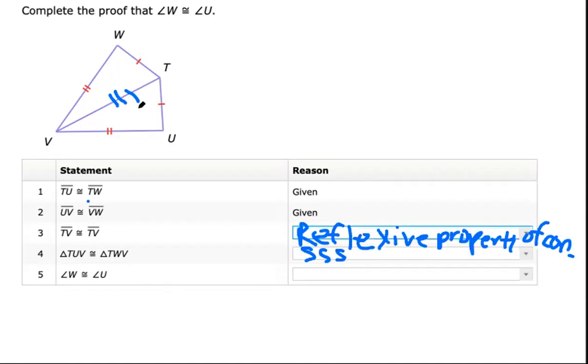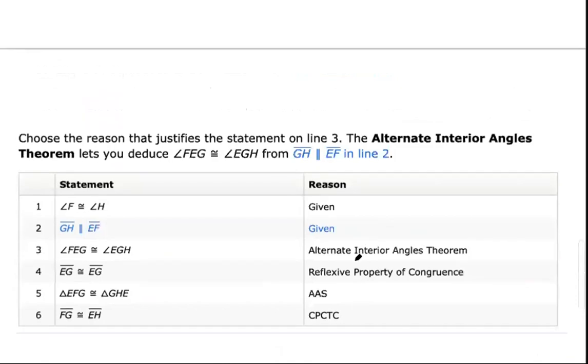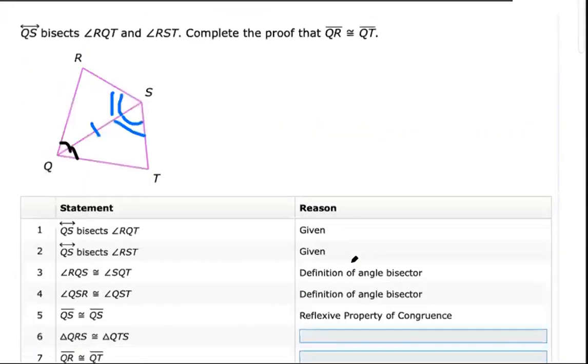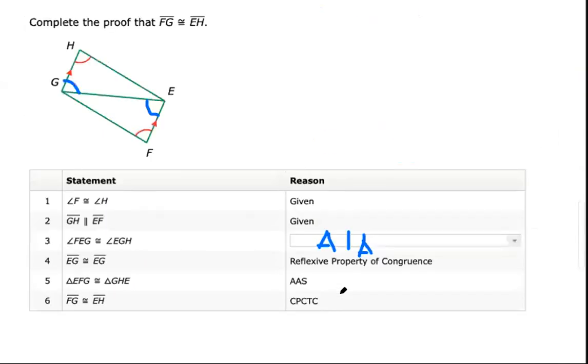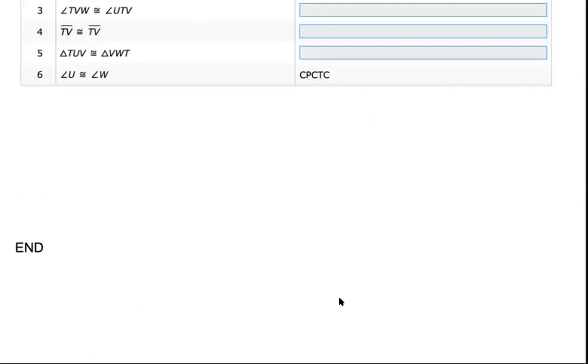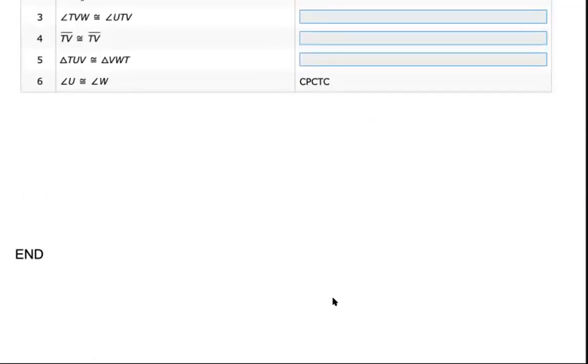And then, so that means these last two angles right there and right there are going to be the corresponding parts of congruent triangles. Let's look at that one more time. Corresponding parts of congruent triangles are congruent. Okay, we're going to see that a lot. All right, and that's going to be it for this section.